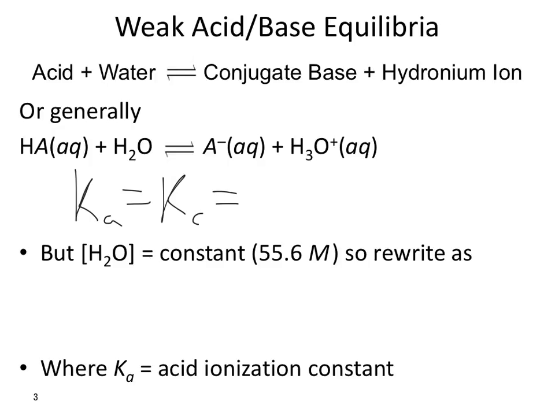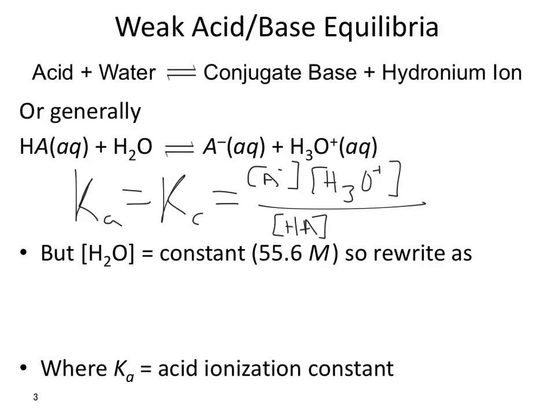And so we put the concentration of the products over the concentration of the reactants. And if either of these had coefficients, then remember you would put the coefficients up as exponents. Okay, then remember that the concentration of water is constant.